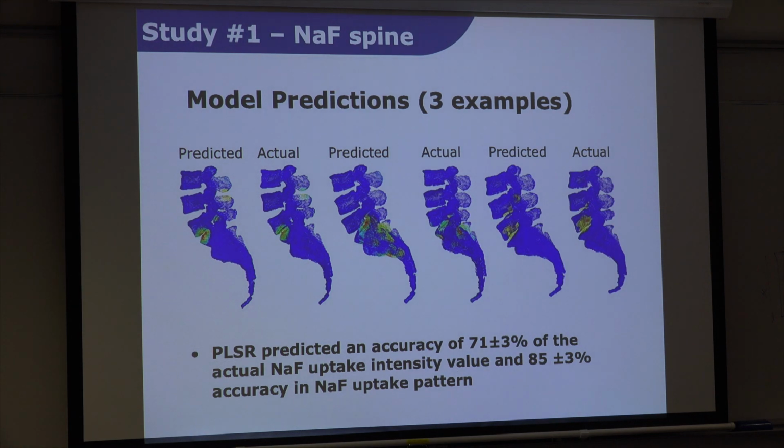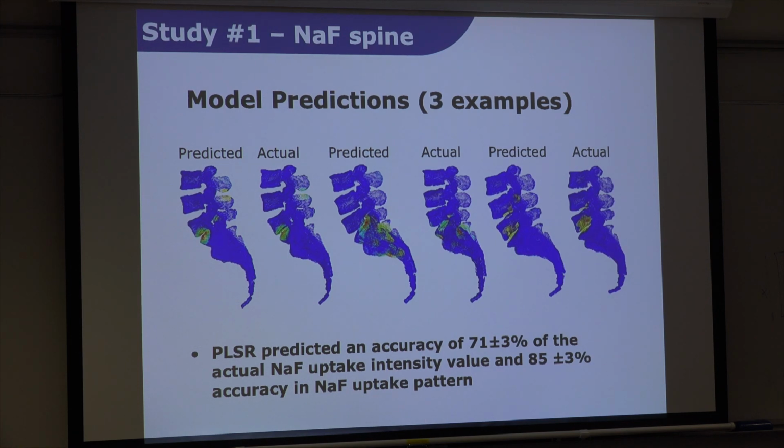And we also used the partial least squares regression to predict the sodium fluoride uptake based on known geometries. And as you can see here, we've got 3 representatives with their predicted on the left and the actual on the right. The red and yellowish areas show the sodium fluoride uptake, and the blue is where there's no sodium fluoride. When we did an analysis to compare the sodium fluoride intensity values by node, we found that there is an accuracy of 71 plus or minus 3% in terms of predicting the sodium fluoride intensity values.